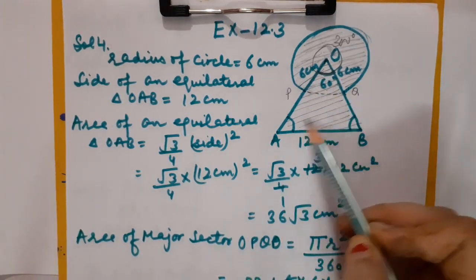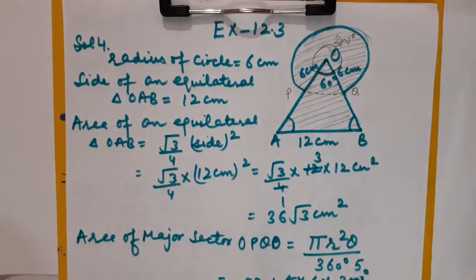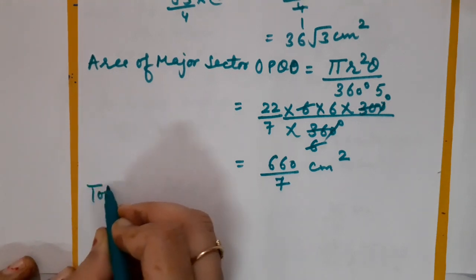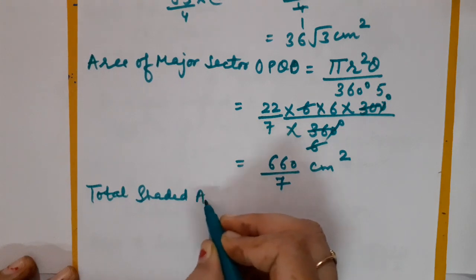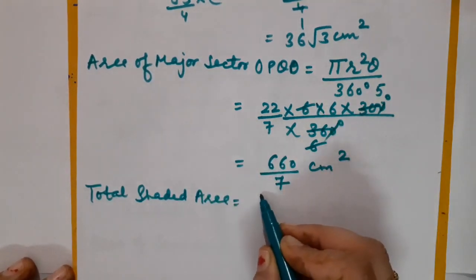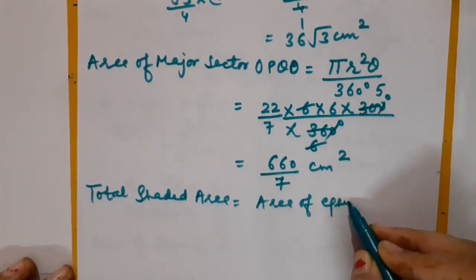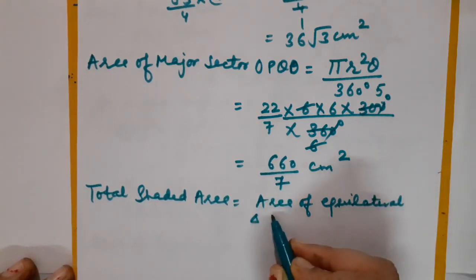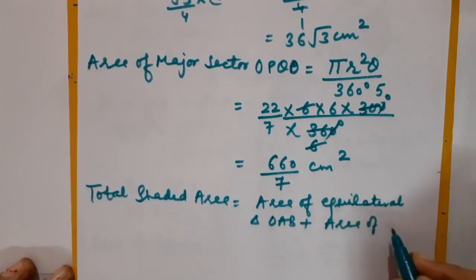Now we have to calculate the total area, which is the complete shaded region. Shaded means area of the equilateral triangle plus area of the major sector. So let us add them. How to calculate the total area? Total means sum. So total shaded area is equal to area of equilateral triangle, that is OAB, plus area of major sector.